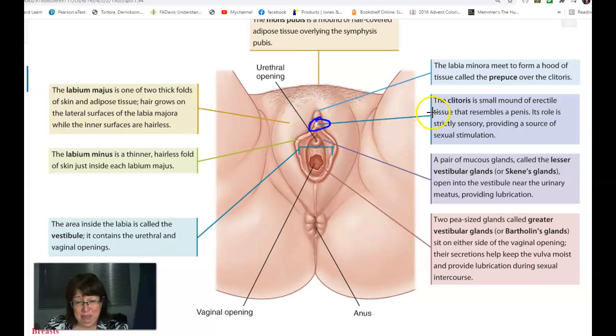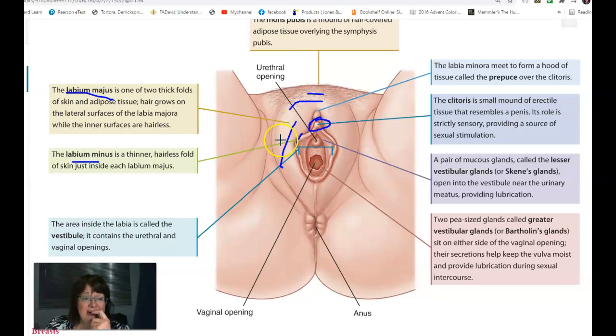So that is part of it. Then you have the labia minora and the labia majora, and these are just the fancy words for the lips. And there is supposed to be a little bit of fat and padding here to help with friction.